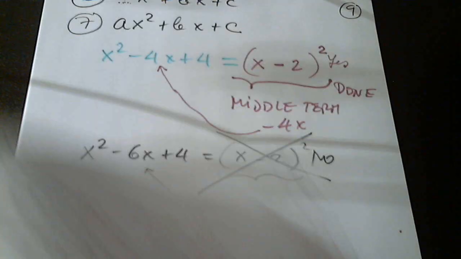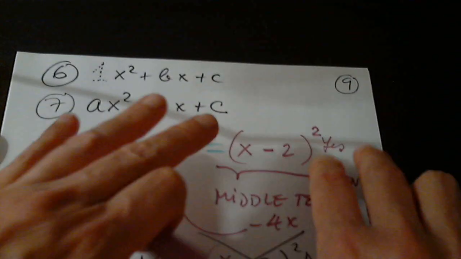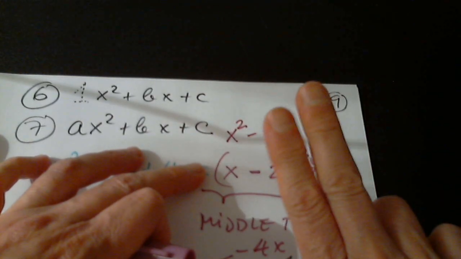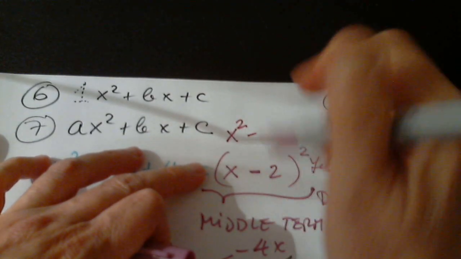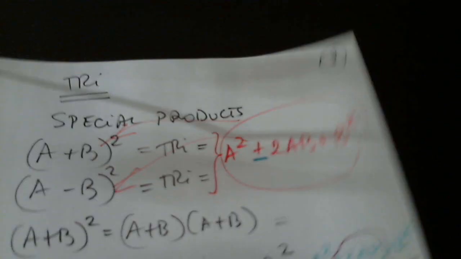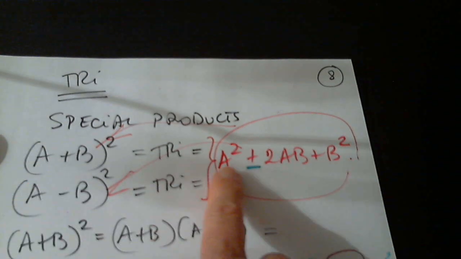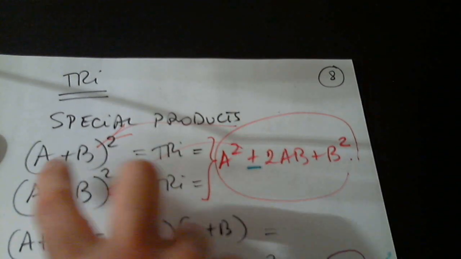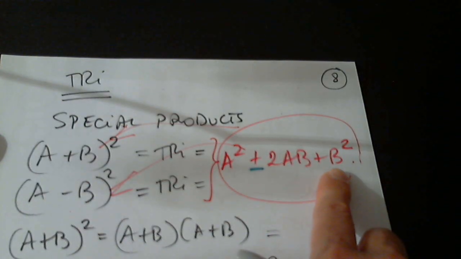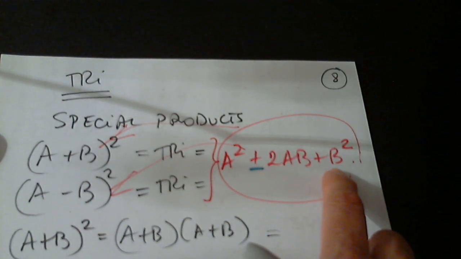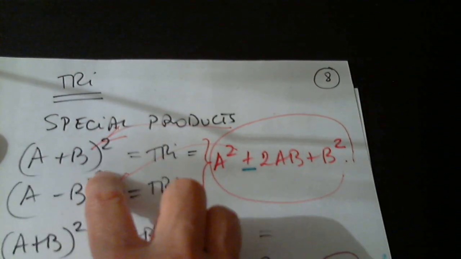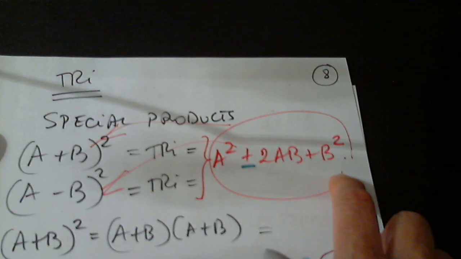Okay, so then when I expand this, I have the first term squared minus 2 times the first times the second plus the second term squared. It's like a song, if you remember the song. First term squared plus 2 times the first times the second plus the second term squared.